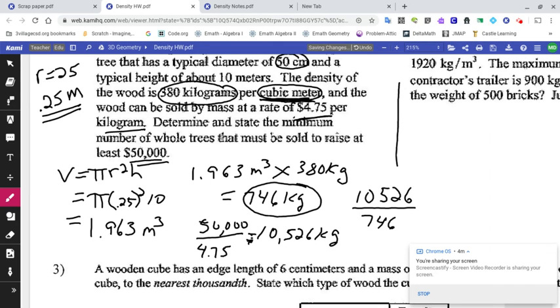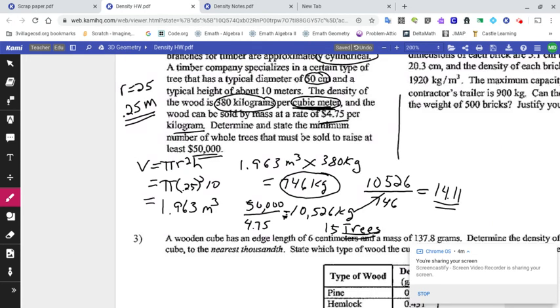Okay. And that's going to give me 14.11 trees. Okay. So I need a total of 15 trees because 14 wouldn't quite be enough. I need a little more than 14. So 15 trees is your answer for that one. Okay. So that's how that one goes.